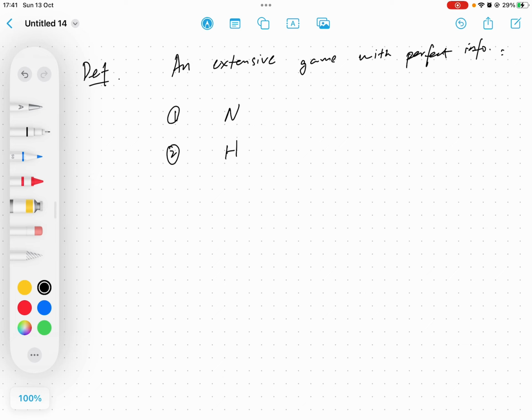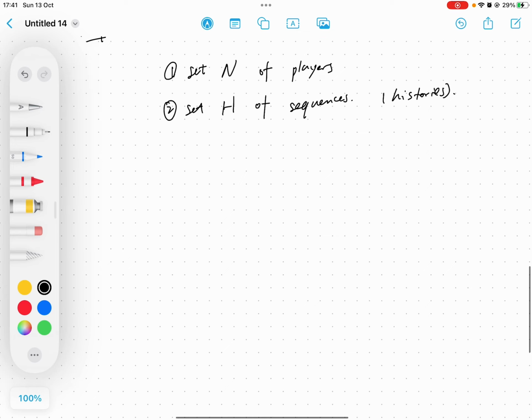So this is the set N of players, and the set H of sequences, which refers to the histories of the extensive game.